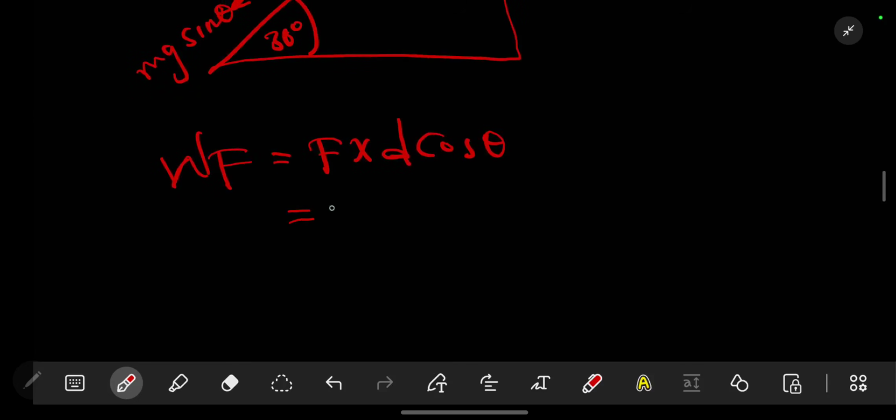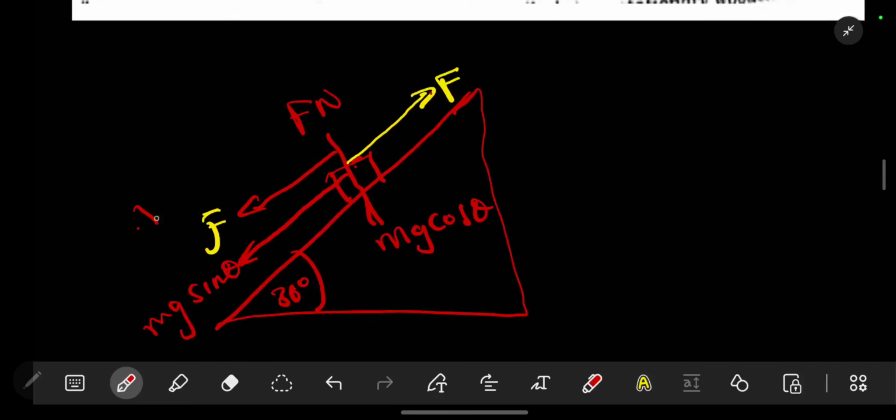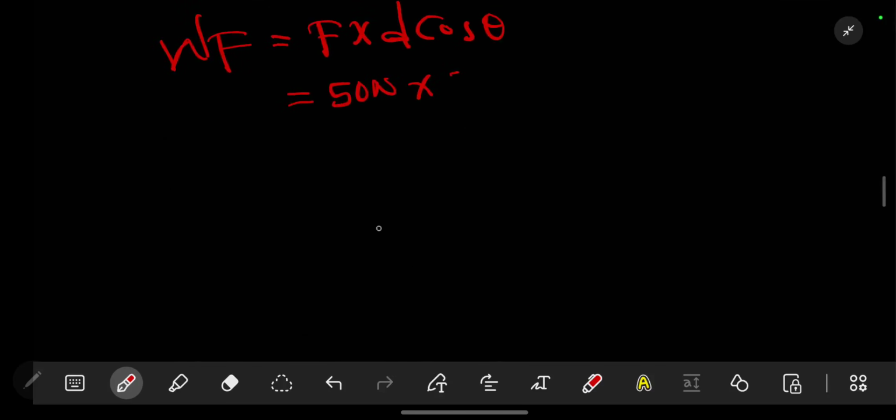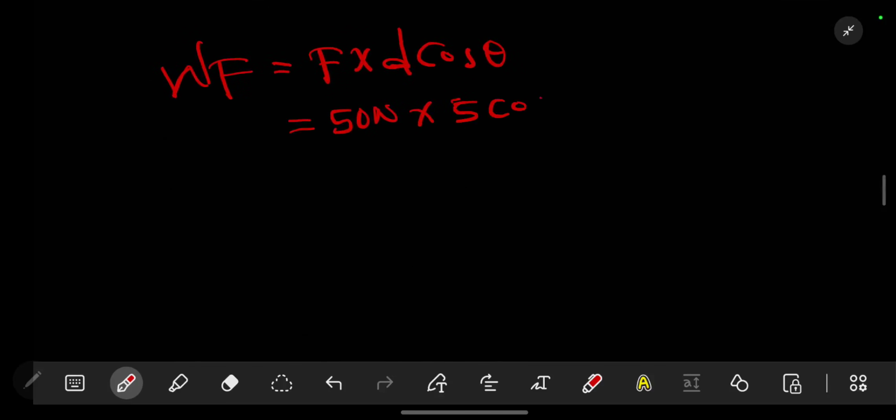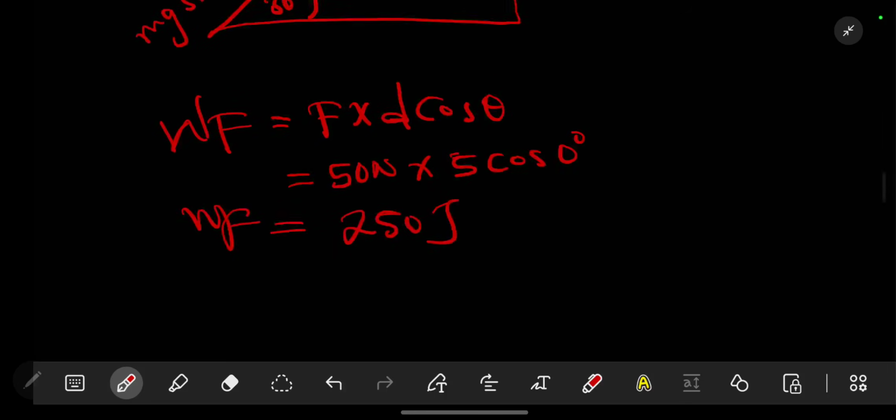So we have the force applied, 50 newtons, times the distance that it moves. The distance along the incline is 5 meters, times the cosine of 0 degrees. This gives us 50 by 5, which is equal to 250. Cosine of 0 degrees is 1, so we have 250 joules. So by just finding this, you get your 4 marks there.